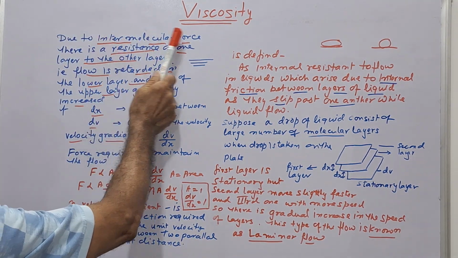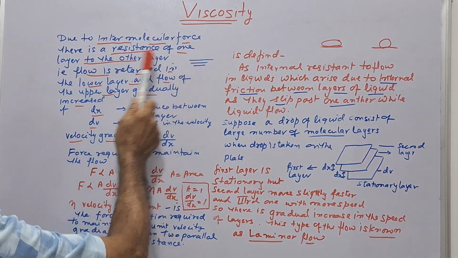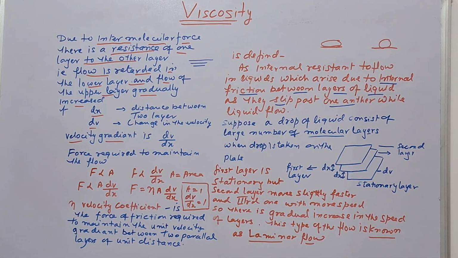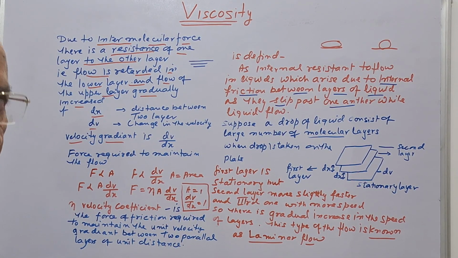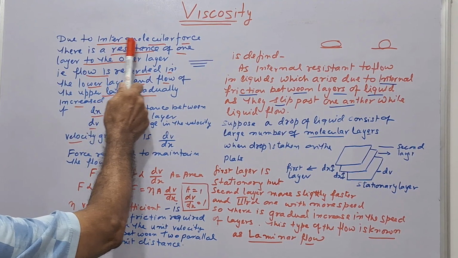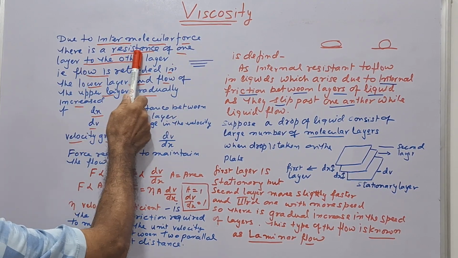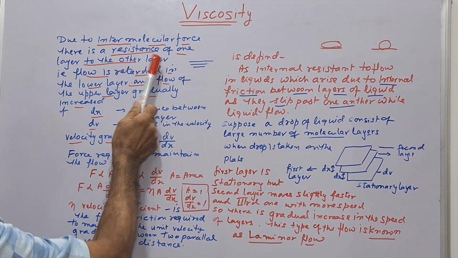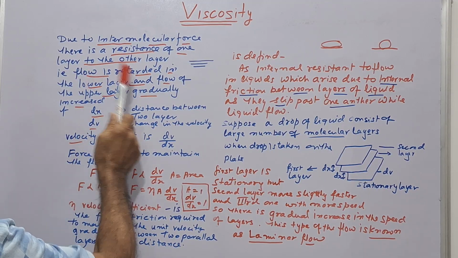Now due to the intermolecular force, there is a resistance of one layer to the other, that is the friction force between the two layers, and the flow is retarded.